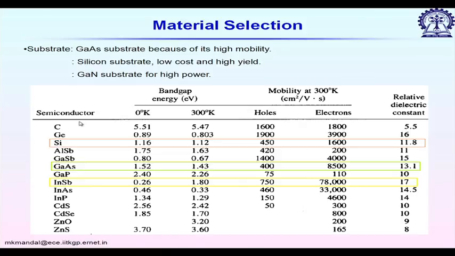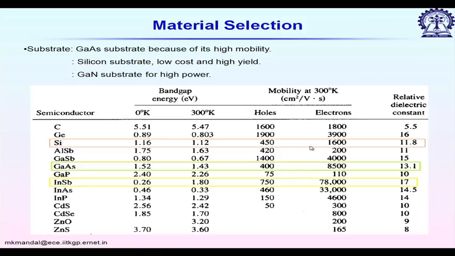Now, we see the characteristics of some popular semiconductor materials. We are comparing the band gap energy and mobility at room temperature, 300 Kelvin. Silicon has a band gap of 1.12 electron volt at room temperature, whereas for gallium arsenide it is 1.43. If the band gap value is higher, that means its power handling capacity will be higher.